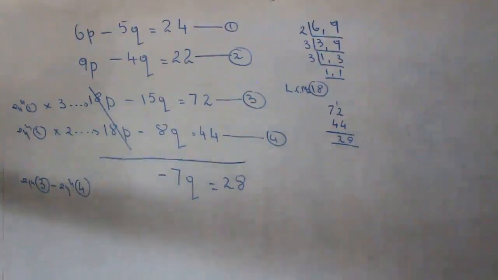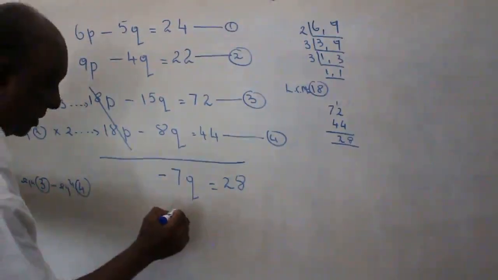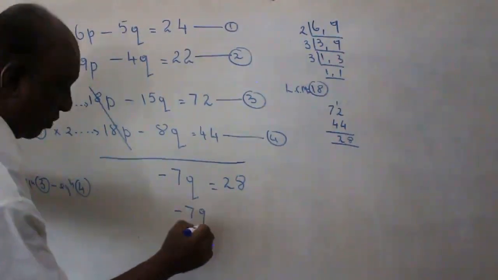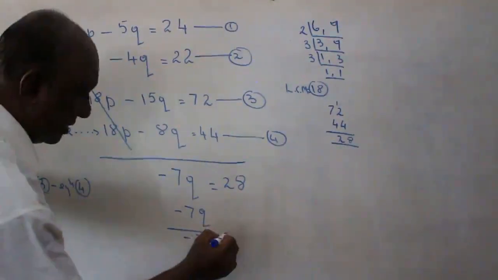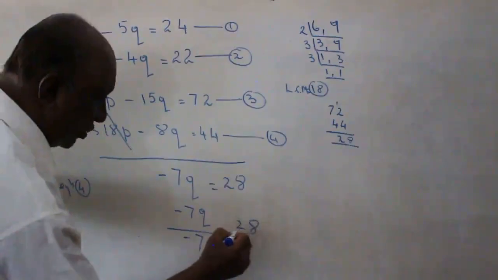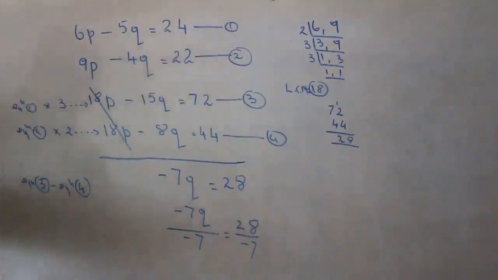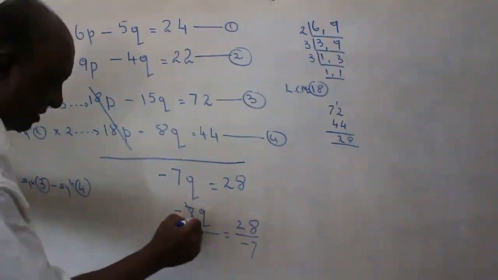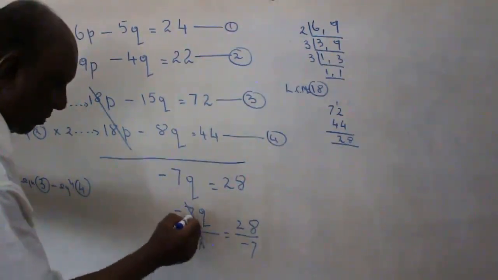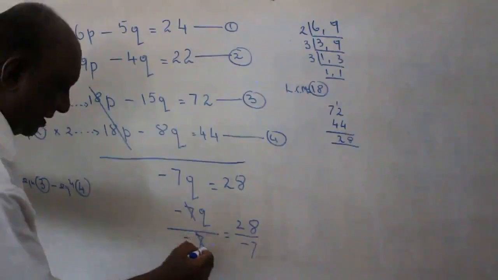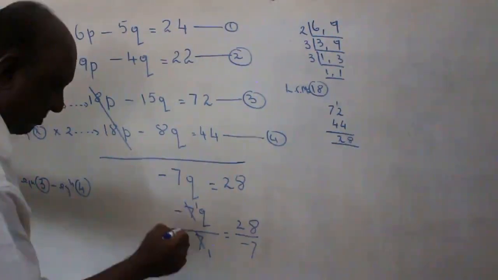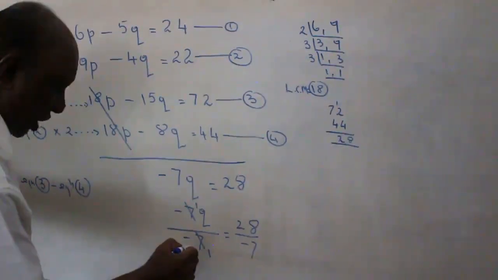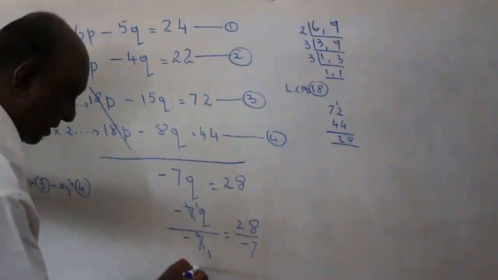To get Q, of course, you will be doing the normal thing now, but still there's a small variation. You have to divide by minus 7. In that case, on the right hand side you divide by minus 7. When you cancel, you are cancelling the 7 and the 7 because you are going to divide top and bottom by 7. It will be 1 and 1. Do not cancel the minuses. Minuses don't cancel out, but minus and minus will become plus.